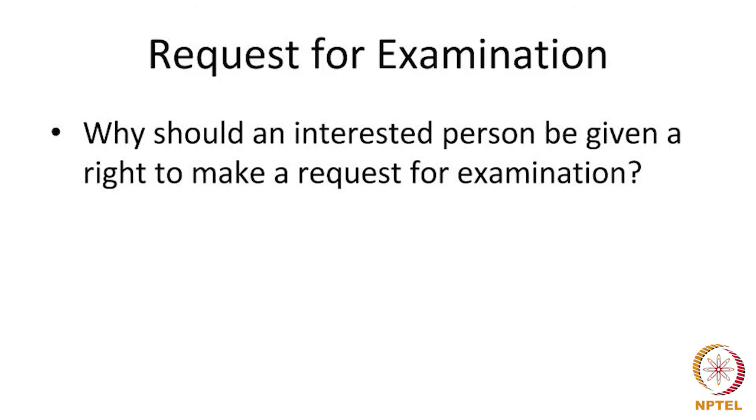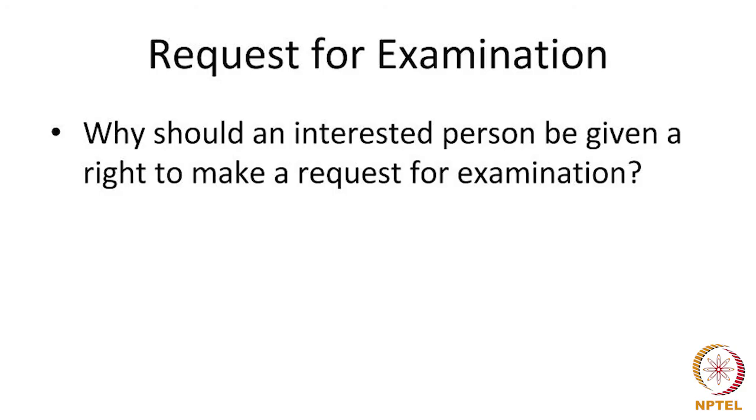A person interested is different from an interested person, because when we look at the corresponding form, which is form 18, in clause 3 of form 18, the interested person has to make a statement: I, we, the interested person, require the examination of the application number so and so, dated so and so, filed by the applicant so and so, titled so and so, under section 12 and 13 of the Act, and as evidence of my interest in the application for the patent, the following documents are submitted.